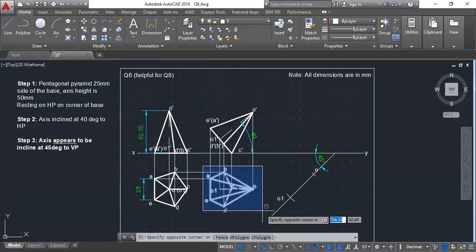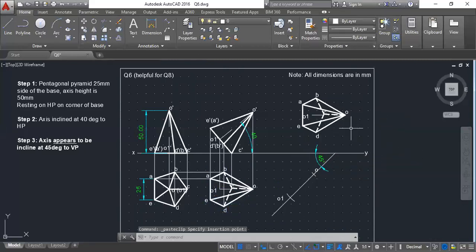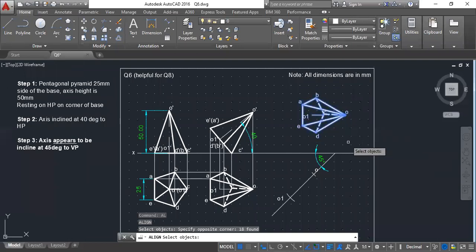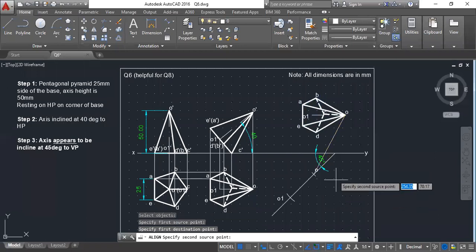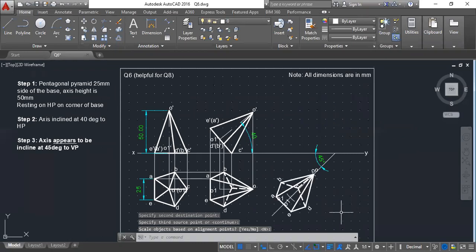So here what I'm going to do is straight away use this entire figure and place it there. I'll use this command called align. Okay, enter. So I'll place this O on this point O, and this O1 on this point O1. Enter. That's it.